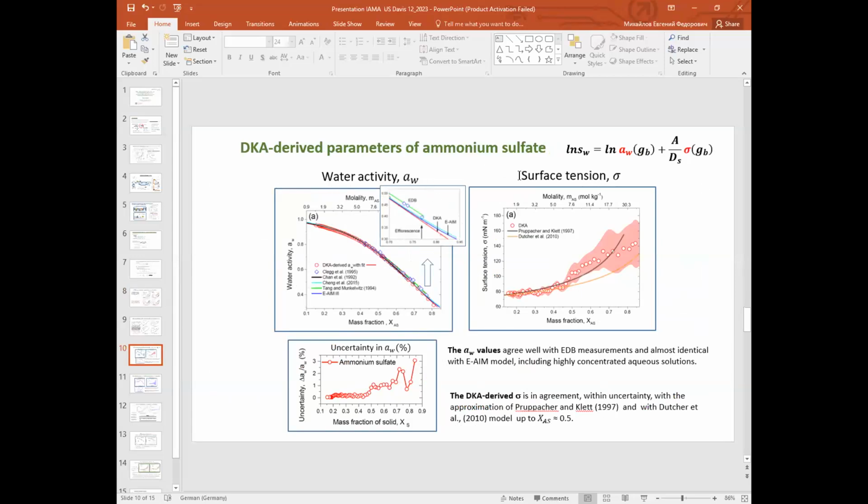And the surface tension is also in very good agreement with the Dutcher model and the Prpacher and Klett model, but only up to 0.5 mass fraction. Above this, due to particle solidification, we have a strong deviation between the empirical models by Dutcher and Prpacher and our experimental results.